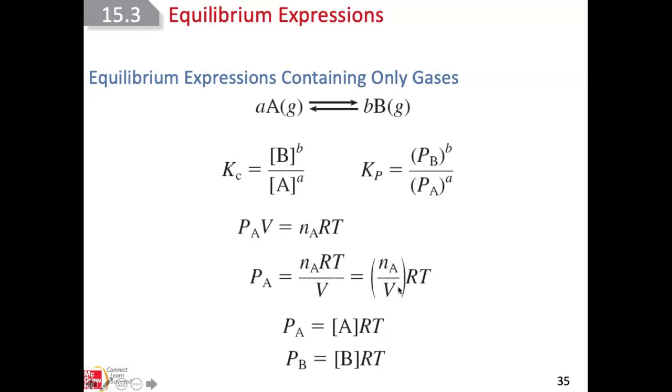This mole over the volume is a concentration. We know molarity: molarity is mole over the volume. So then I can say that PA equals the concentration of A multiplied by RT, where R is a gas constant. And PB equals the concentration of B times RT.